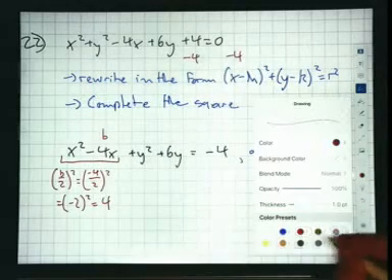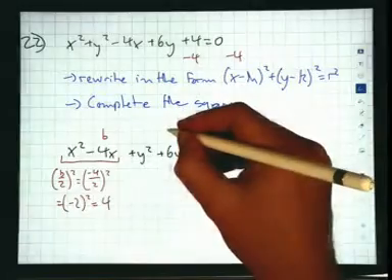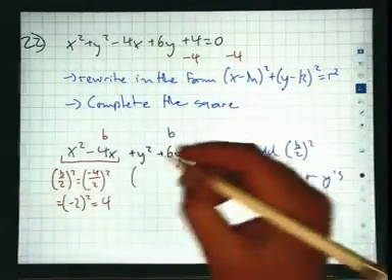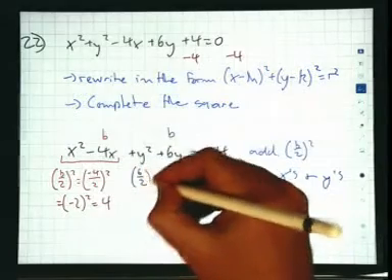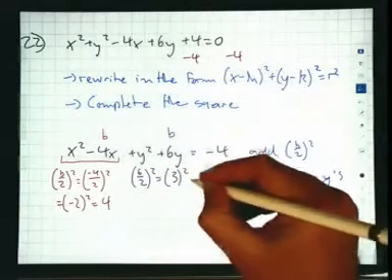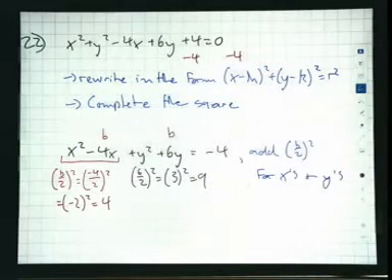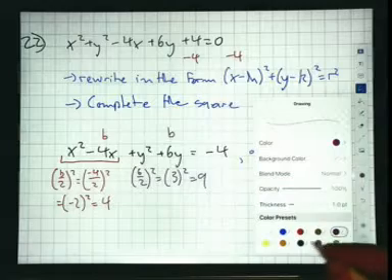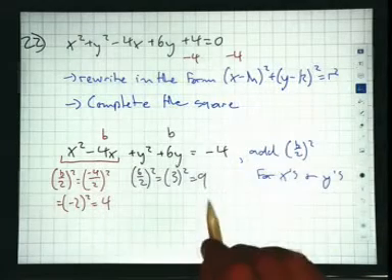And for my y's, 6 is our b, so we're going to have 6 over 2 quantity squared, which is 3 quantity squared, which is equal to 9. So we have to add 4 and 9 to both sides of the equation.